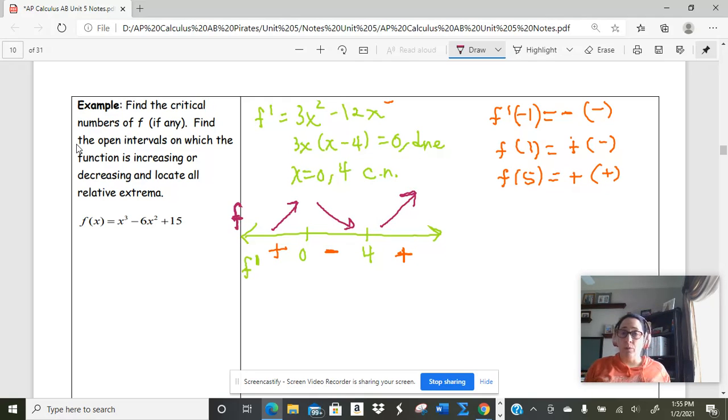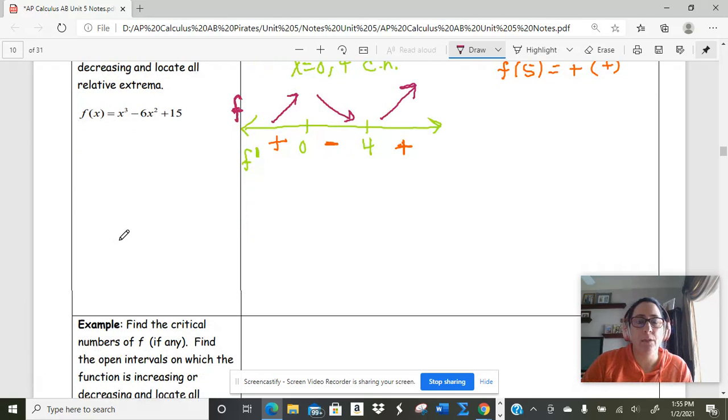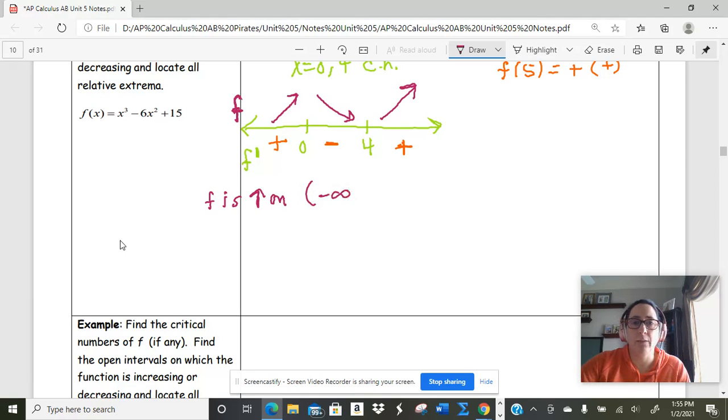Now, that whole number line doesn't give us any points. That's just our thinking, and it definitely helps us a lot, okay? But now we have to go explain it in words. So f is increasing on the intervals from -infinity to 0 and from 4 to infinity.